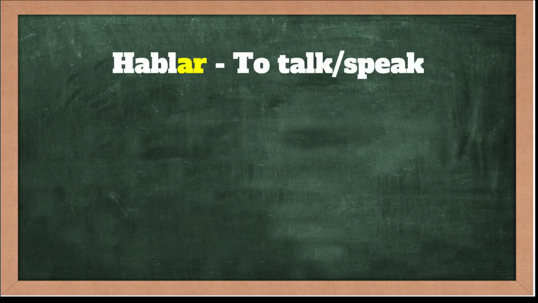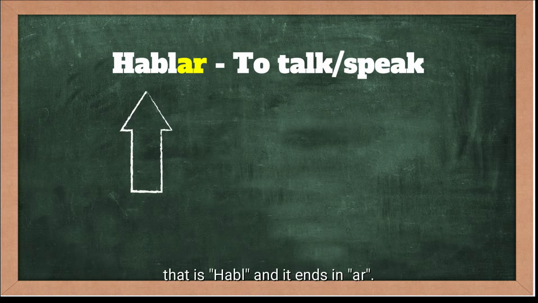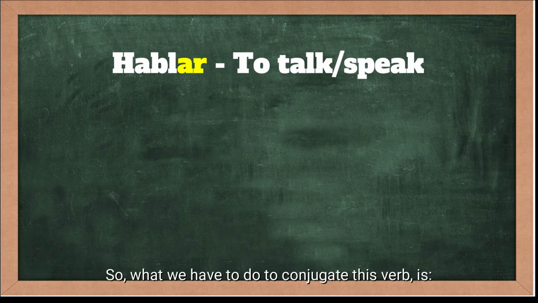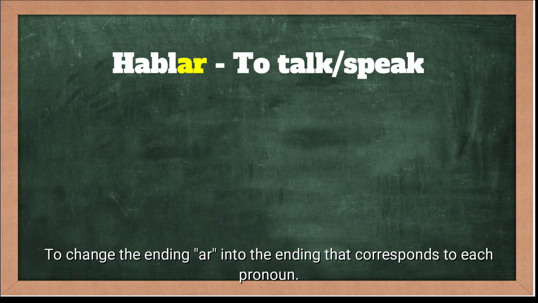Hablar, to talk. As you can see, hablar has a root that is habl and it ends in ar, okay? So what we have to do to conjugate this verb is to change the ending ar into the ending that corresponds to each pronoun.